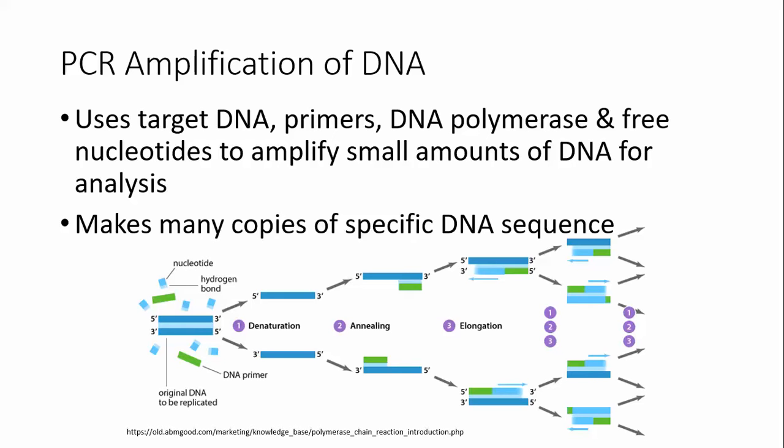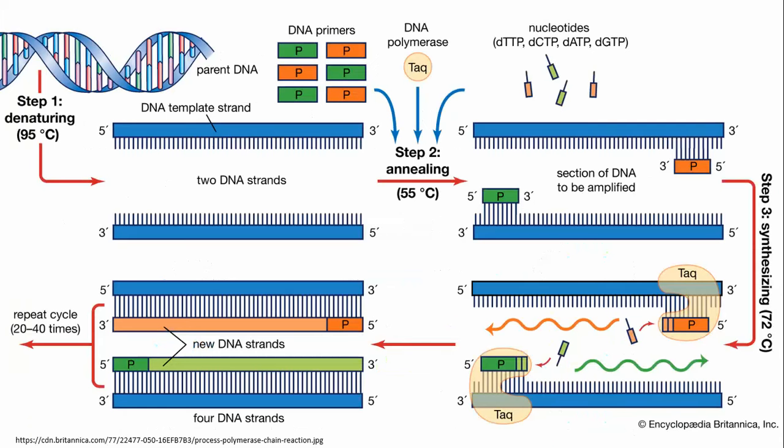What we would do is take our own DNA, get a swab of some cheek cells, digest them with certain restriction enzymes, run them through PCR, and then run them on a gel, and we were actually able to see if we were homozygous or heterozygous for a certain trait. It was really cool.